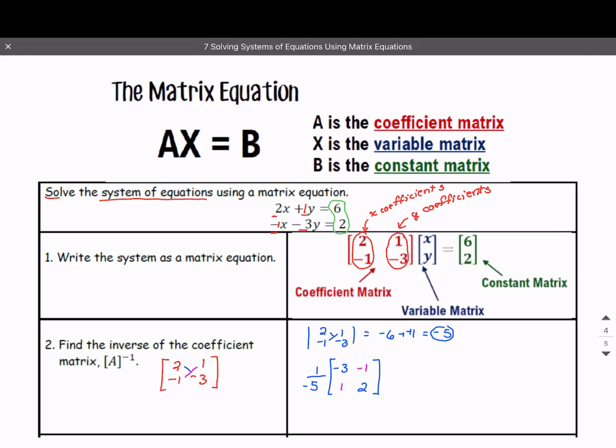Now we multiply by that scalar: 1 over negative 5 times negative 3 is positive 3/5. 1 over negative 5 times 1 is a negative 1/5. Negative 1/5 times negative 1 is a positive 1/5. Negative 1/5 times 2 is a negative 2/5. And there's our inverse.